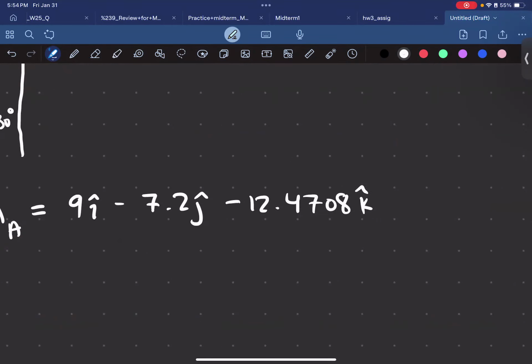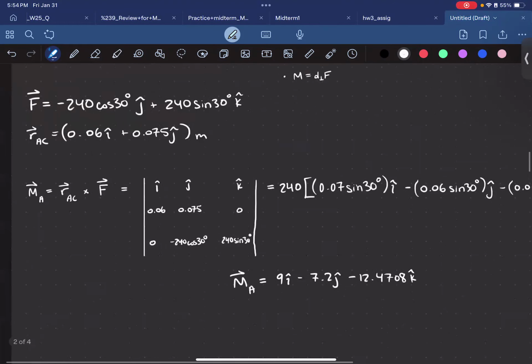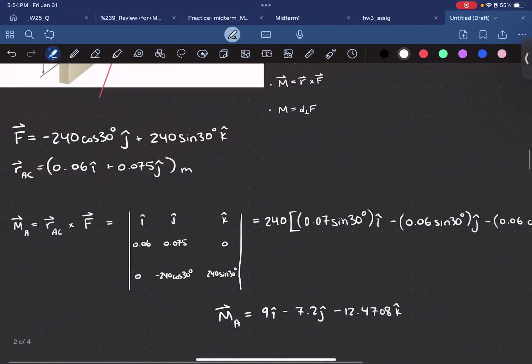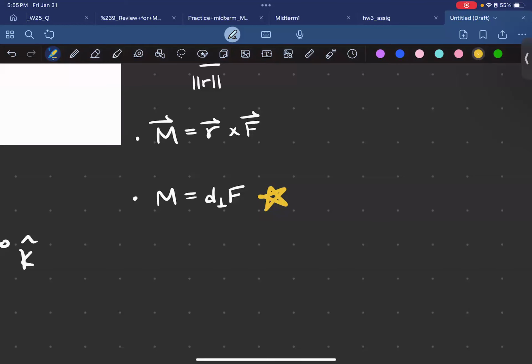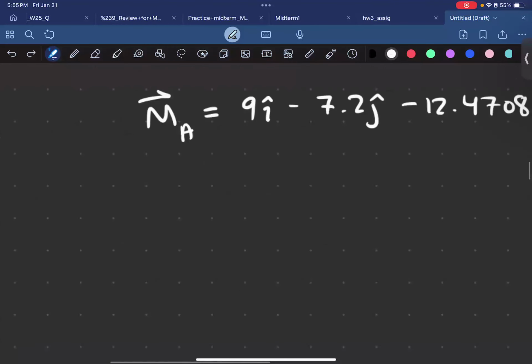But remember, this equation right here will give us the perpendicular distance. So now what we want to do is get our moment from a vector form to a scalar form. And what we can do to do that is take the magnitude of the moment about A.